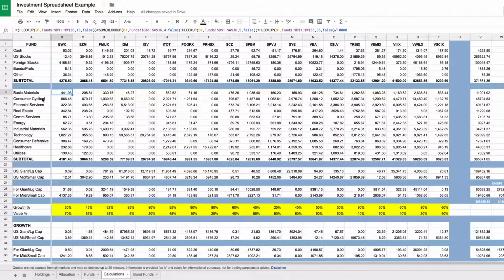So basic materials, consumer cyclical, et cetera, et cetera. These are the actual dollar amounts that we have exposed to that sector based on our investment in this particular fund, okay? So you see that the subtotal here doesn't match precisely with the subtotal in row 7, right?